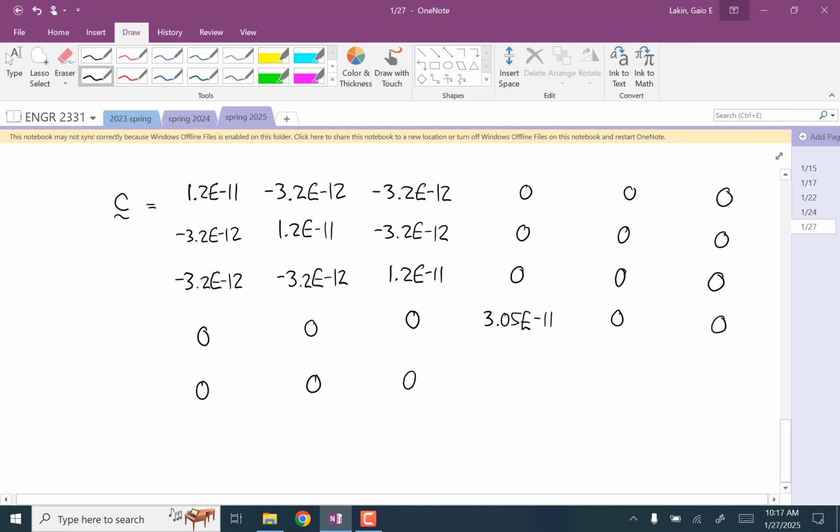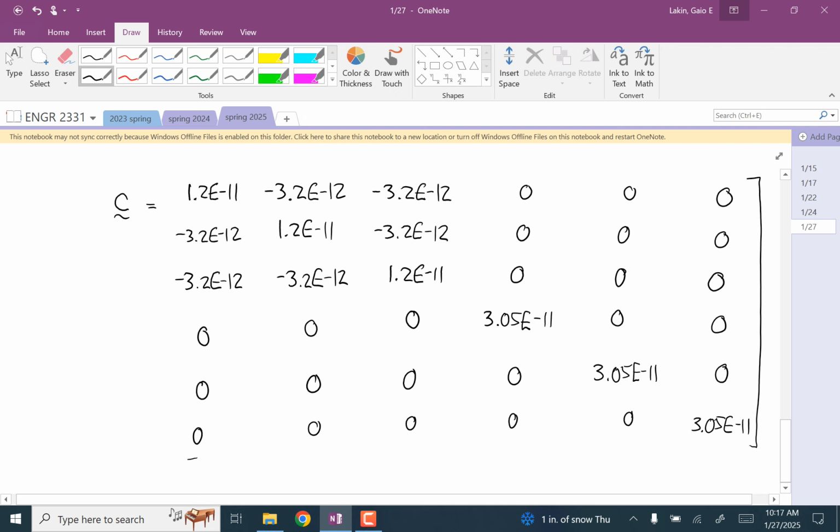Then it moves over one spot. And then it moves to the last spot. So based on that tensile test, this is the compliance matrix.